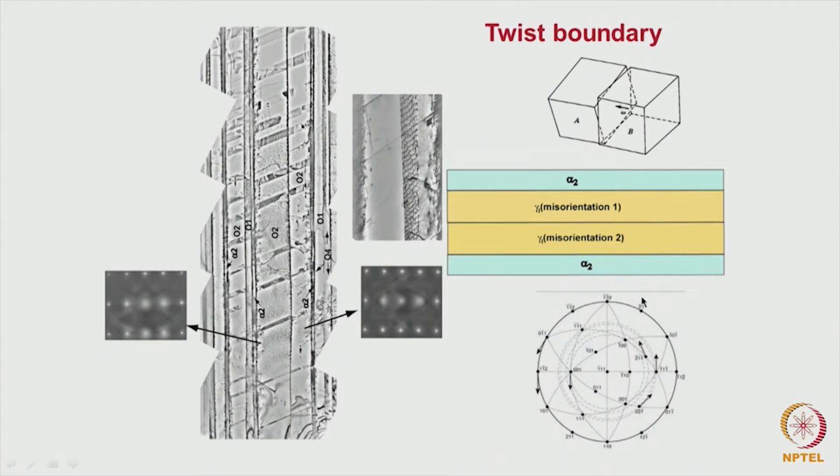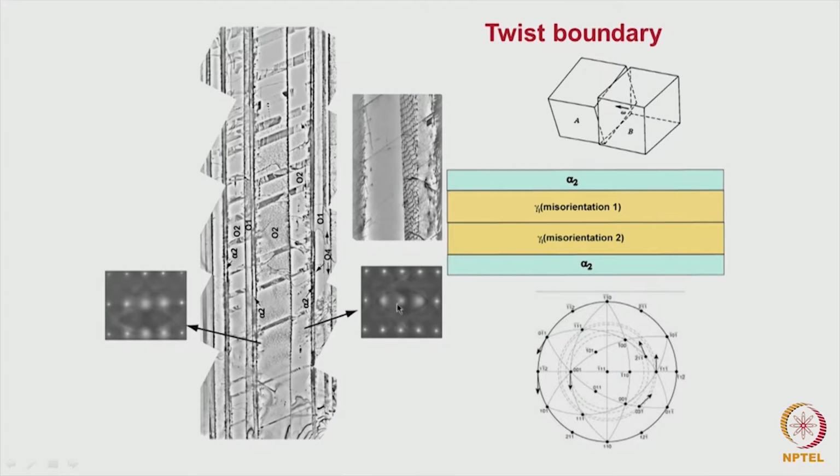Here, it is the same material, and on this side and this side we have the same variant. I will not go into detail on how it happens, but finally a slight twist, a twist boundary, is generated. These two misorientations can be examined using diffraction patterns, essentially Kikuchi patterns.